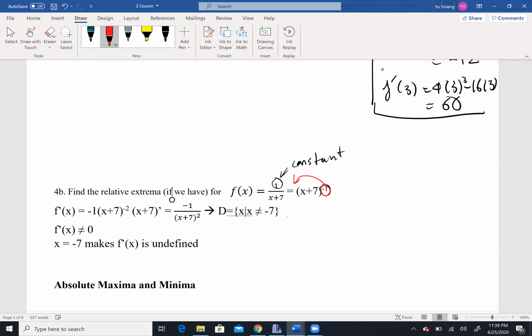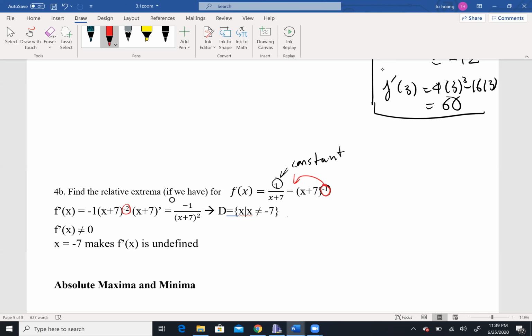And then you have to lower the old power, which is negative 1 minus 1. Now you have negative 2. And then you have to take the derivative of the inside function, which is x plus 7. Okay, so that is the way you do it.